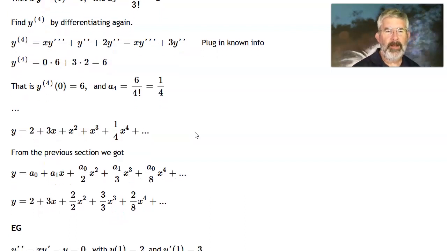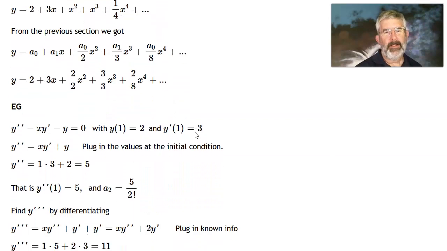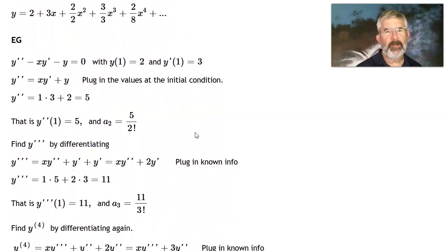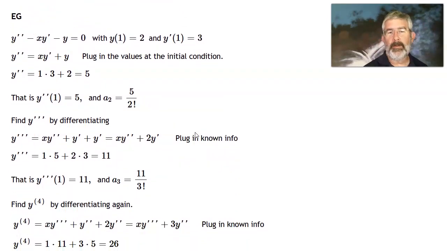Let's do the same one again, but this time let's let the initial conditions be at x equals 1. Right? It's the same differential equation, the same A0 and A1, but I'm doing it now at x equals 1.